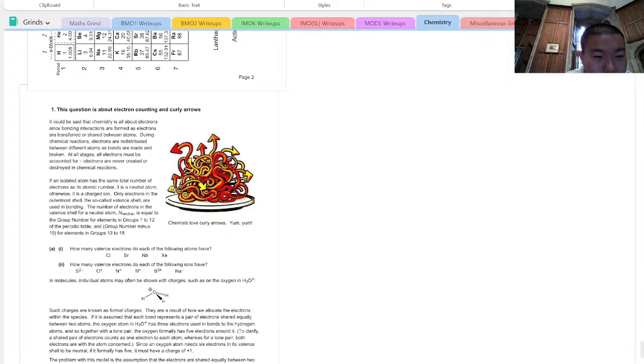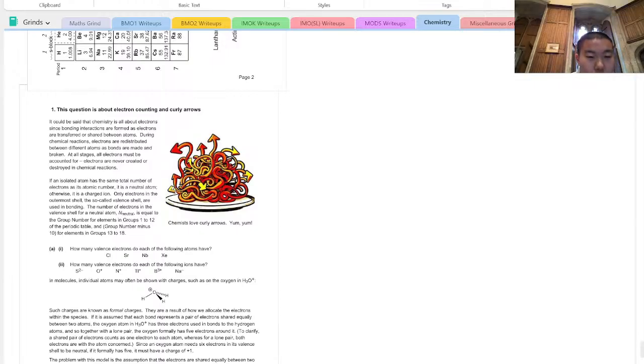Chemistry is all about electrons, since bonding attractions are formed as electrons are transferred or shared between atoms. At all stages, electrons must be accounted for. Electrons are never created or destroyed in chemical reactions. If an isolated atom has the same total number of electrons as its atomic number, it is a neutral atom.